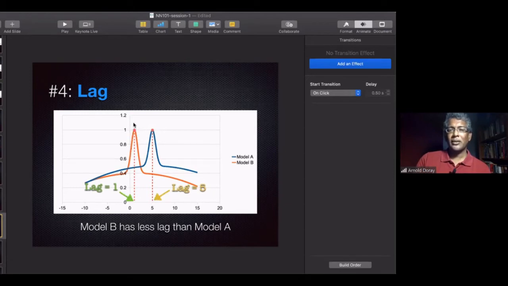You only want to look at the largest peak that you have and take that as your lag. And the sharper this peak is, the more confident you are that the lag you're measuring is correct. If this peak is very broad, very shallow, then you have much less confidence.